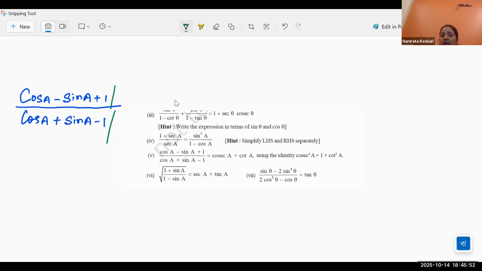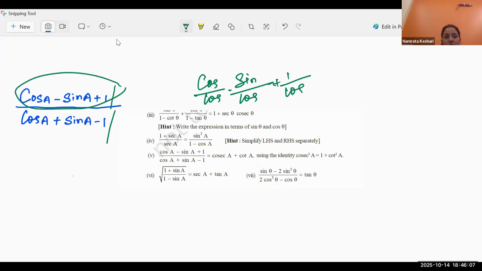So we are going to get 1, tan and sec. But I want cosec and cot. So this cos is not helping. We need to do the division by sine.